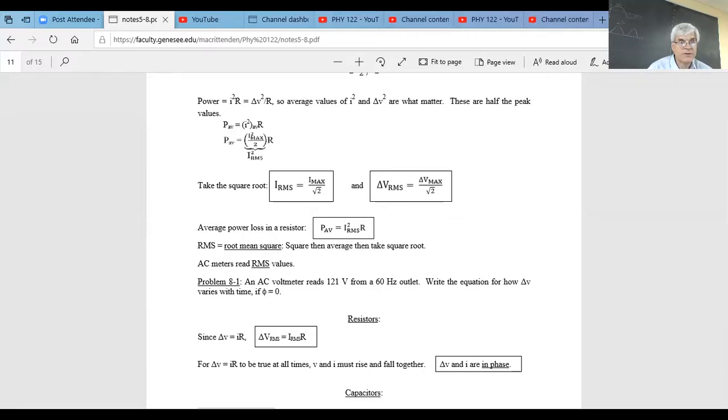Toasters are basically resistors, hair dryers are basically resistors, anything like that. AC meters read RMS values.